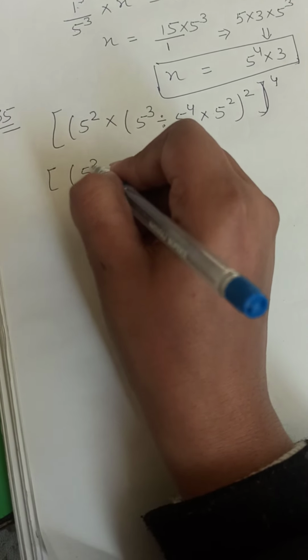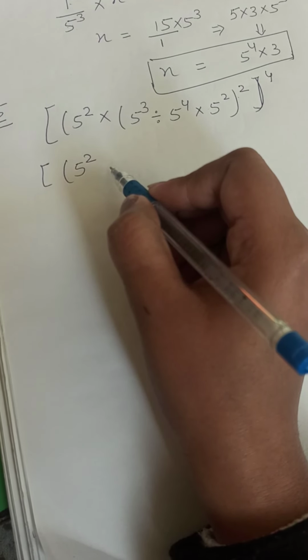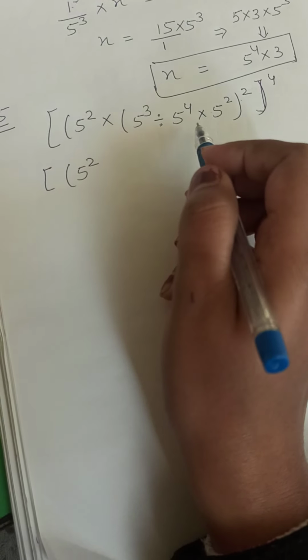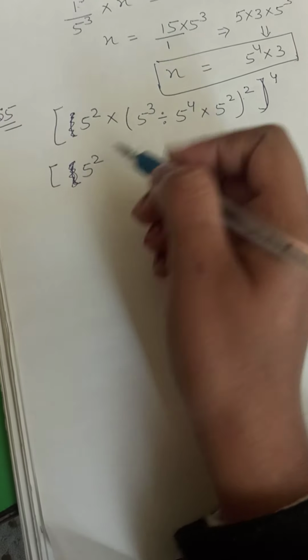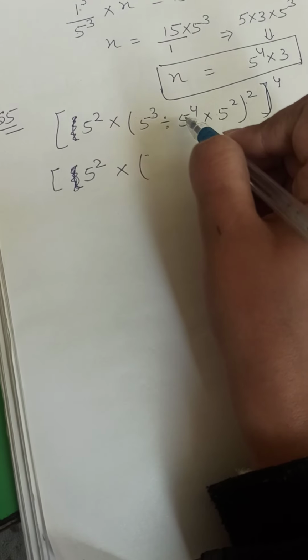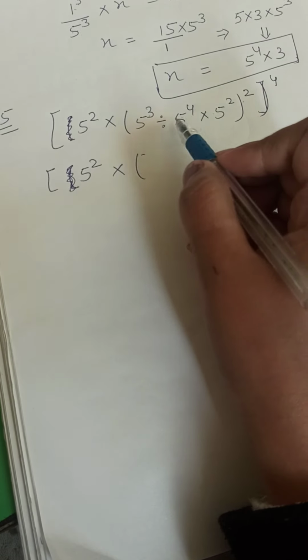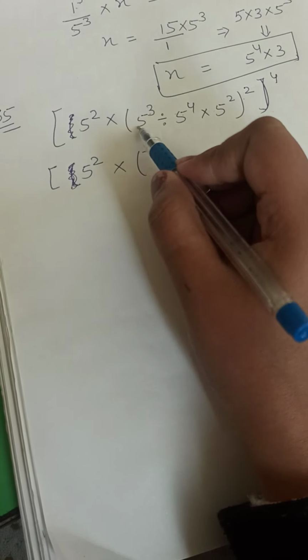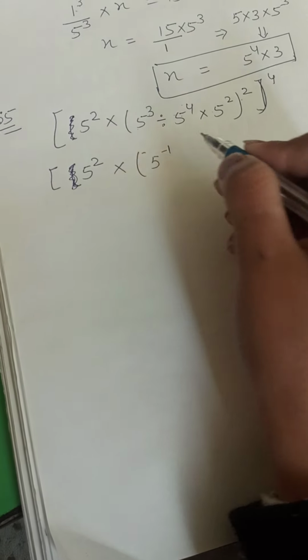Firstly we will solve the small bracket, this one. See here one bracket is missing, don't use this bracket. Multiply, see 5 the power 3 और डिवीज़न में आपकी 4 है. So base is same, powers are different. So your answer is 5 to the power minus 1.